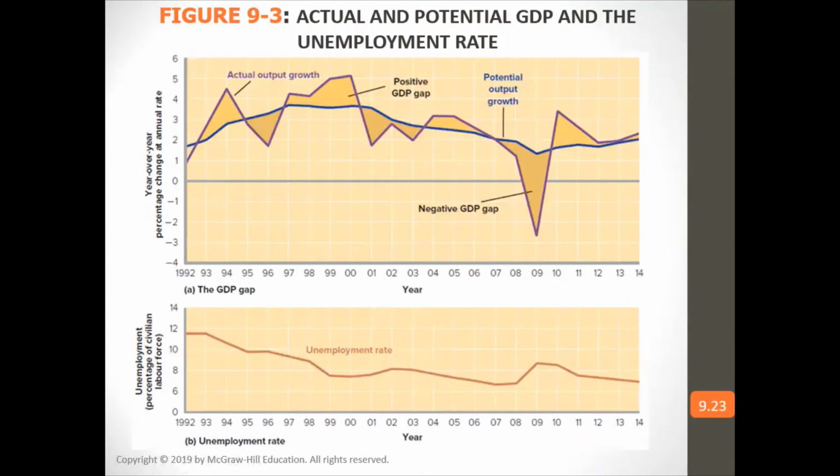So in this case, a negative GDP gap would cause higher unemployment. If you see this, you see this spike in the unemployment rate.